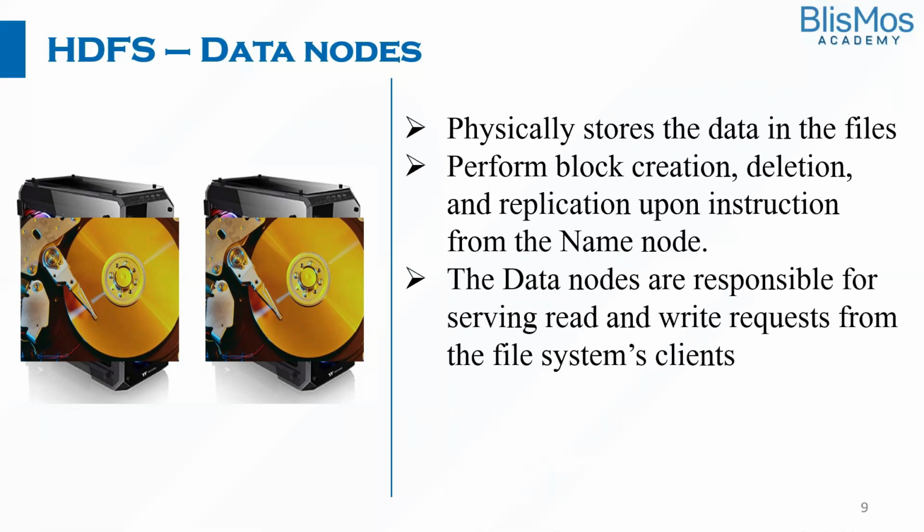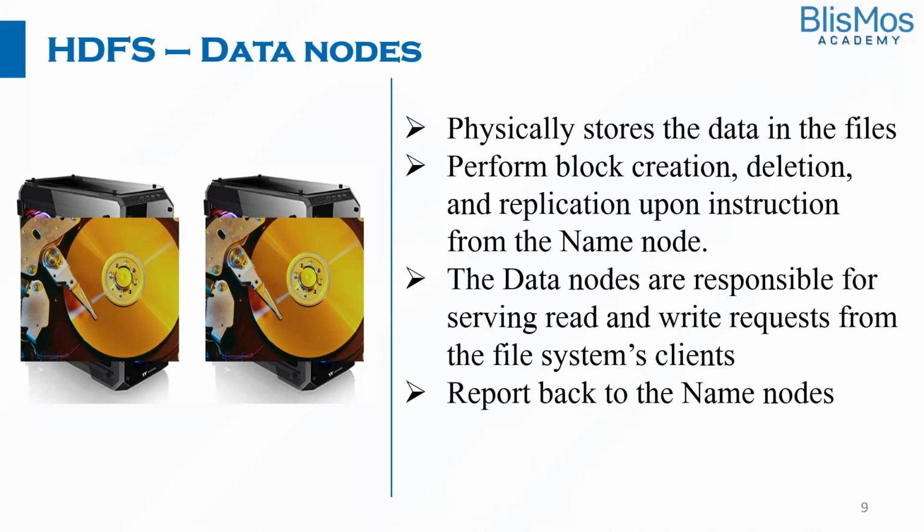If somebody sends a request to read or write a file, the data nodes are the ones responsible for read and write requests from the clients. And it also reports back to the name node, whatever operations it is doing. In a way, data node is a worker node and name node is a master node.